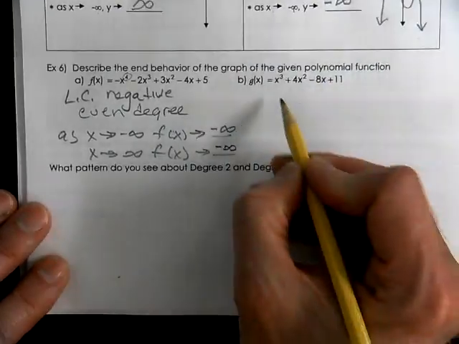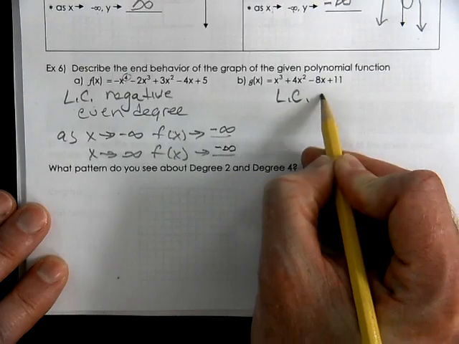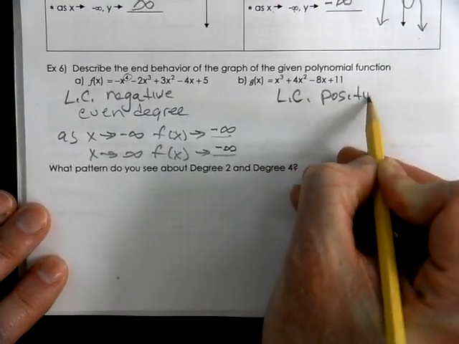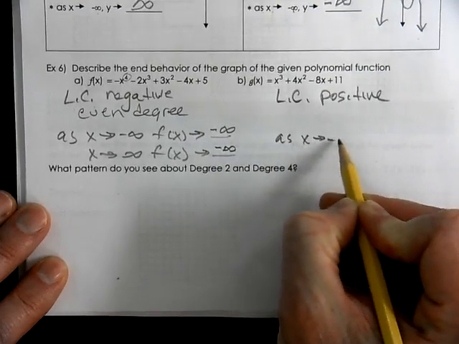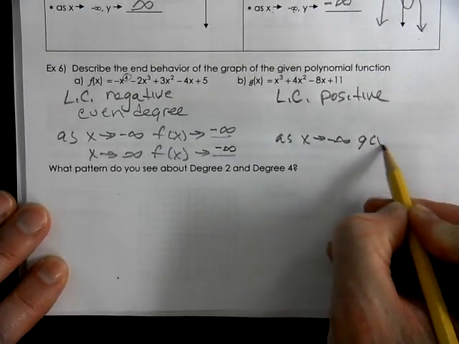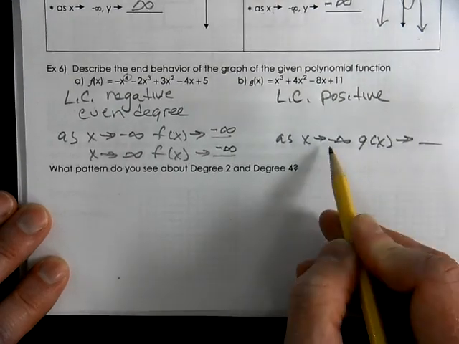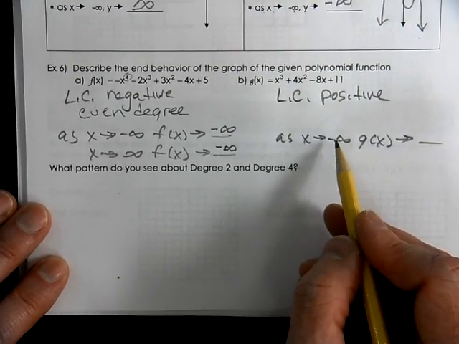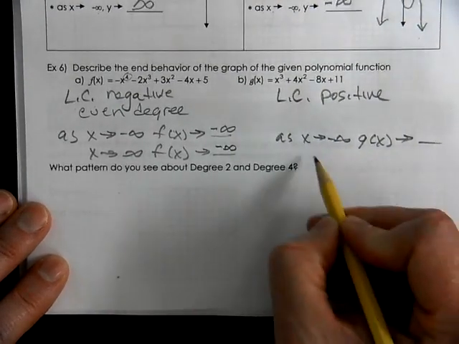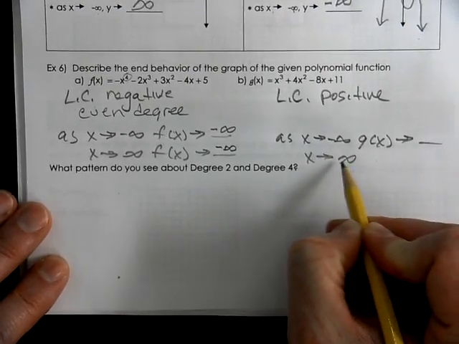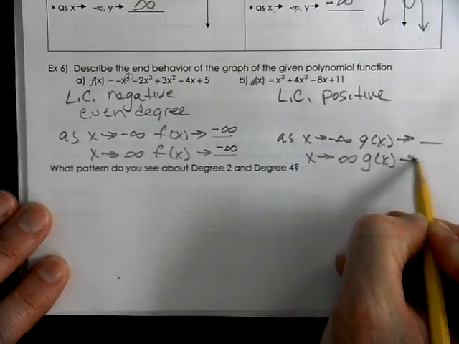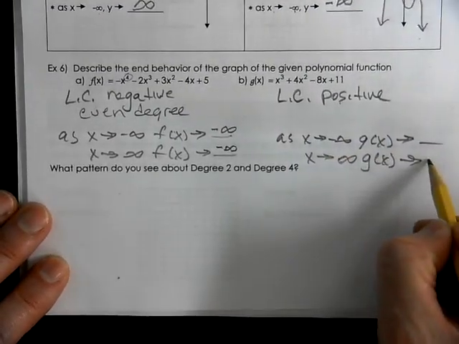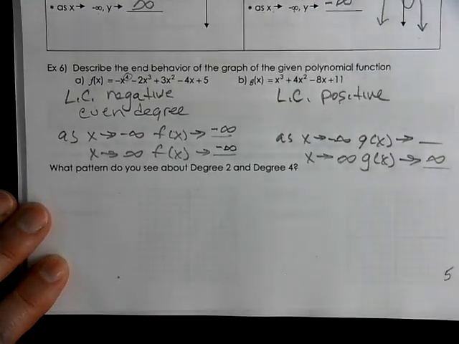Okay, over here we see a leading coefficient that is positive. So if I think about my end behavior, I really don't know which way it's going to be going left, but I do know which way it is going to the right. As x gets positive, my g of x is going to be going upwards.